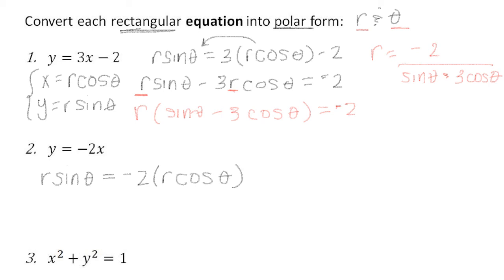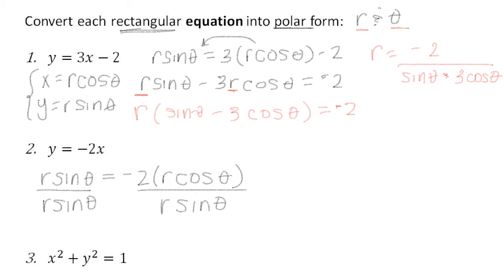Now with this, the way it's set up, what we need to do is get everything together on one side. It's certainly different than the previous problem as far as adding and subtracting stuff. Here, I'm going to go ahead and divide both sides by r sine theta.